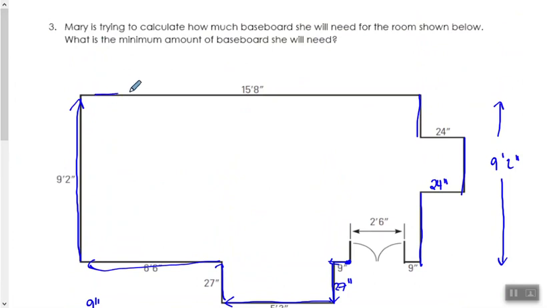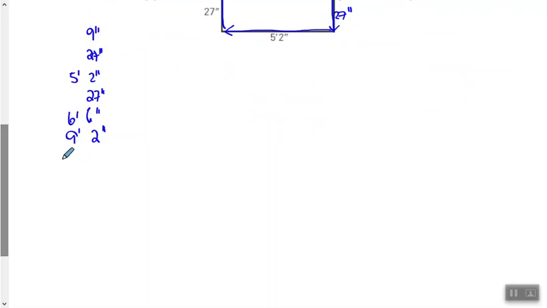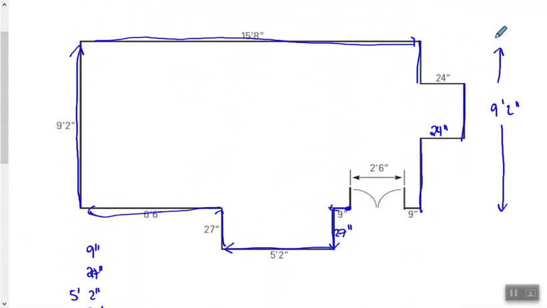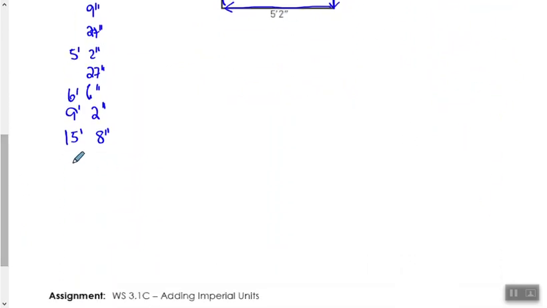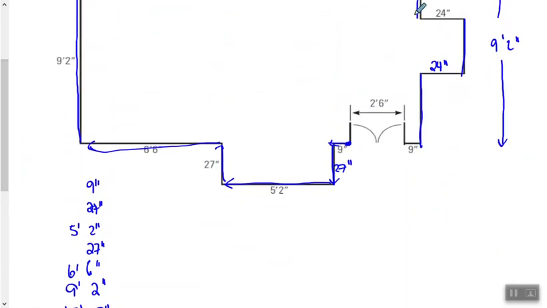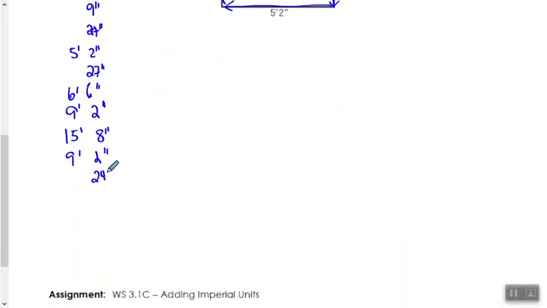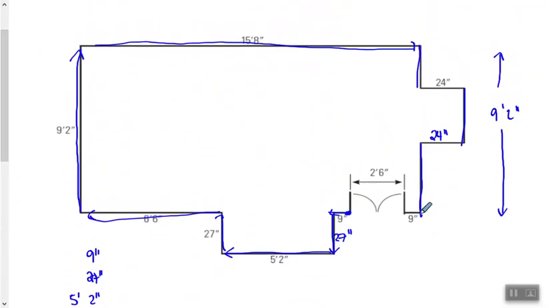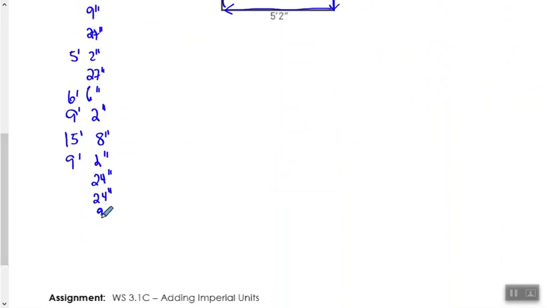This long one of 15 feet 8 inches. Then we have these 3 sections, which is 9 feet 2 inches. Then a 24 inch, a 24 inch for there. And lastly, that last 9 inch. Okay.